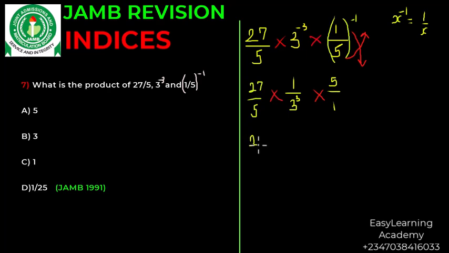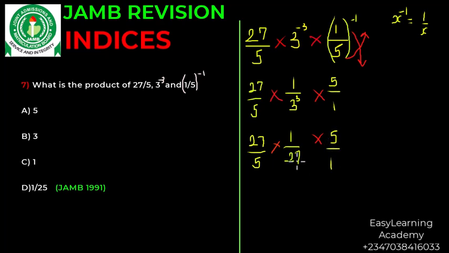We have 27 all over 5, times 3 raised to the power of 3, which is going to give us 27. So this becomes 1 all over 27, times 5 all over 1.